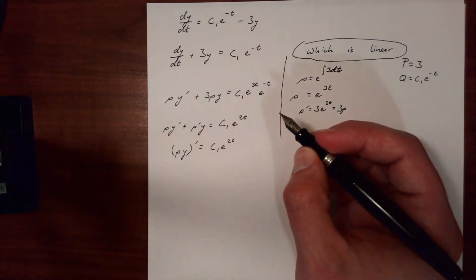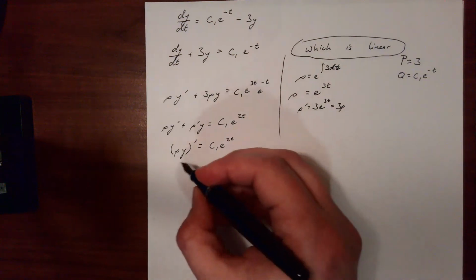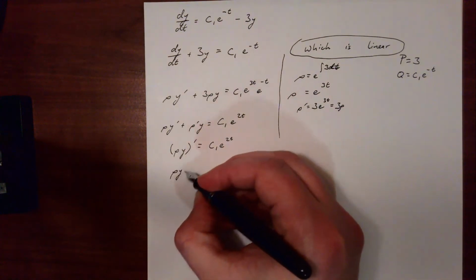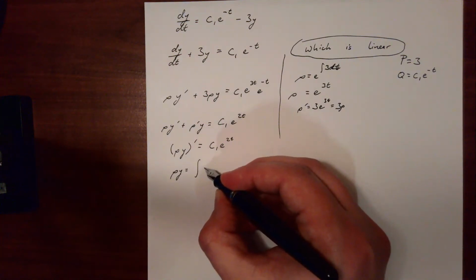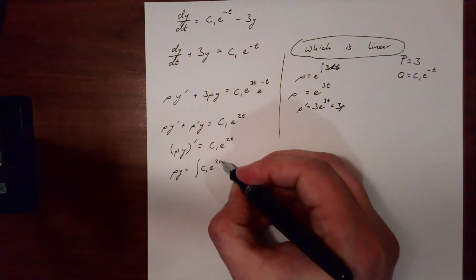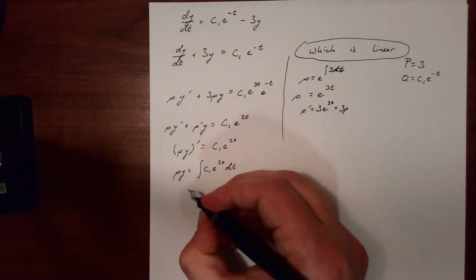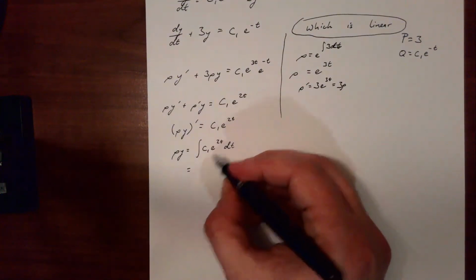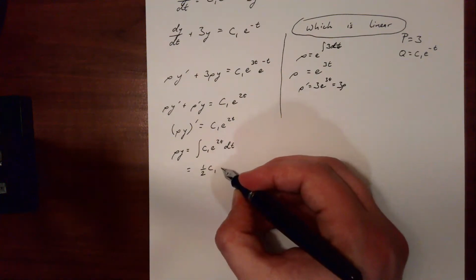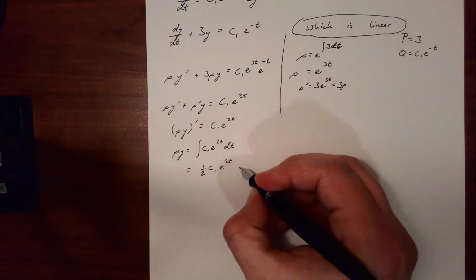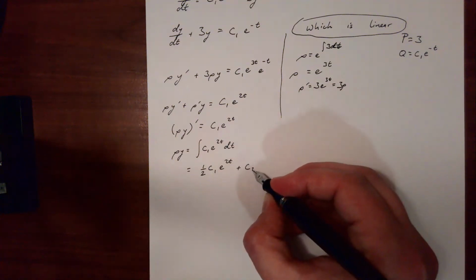we have this, and then we would take the integral of both sides, which is of course then going to be 1/2 c1 e to the 2t plus c2.